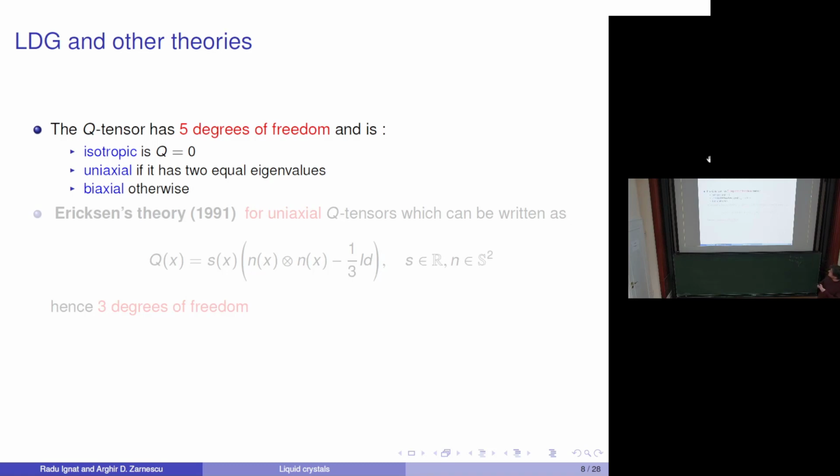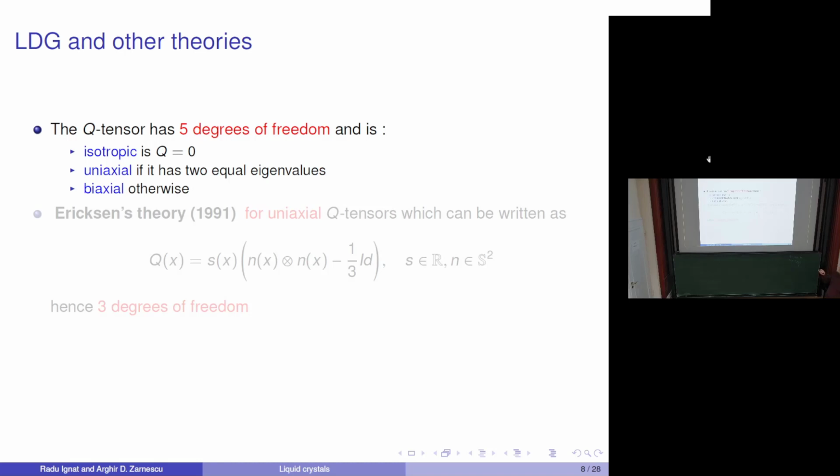And given the fact that its trace is 0, it actually has just 5 independent components. So it has 5 degrees of freedom. There is also a classification, an optical classification, which has to do with the way light propagates. The Q-tensor is called isotropic if all the components of the matrix are 0, uniaxial if it has 2 equal eigenvalues, and biaxial otherwise, if it has 3 different eigenvalues.